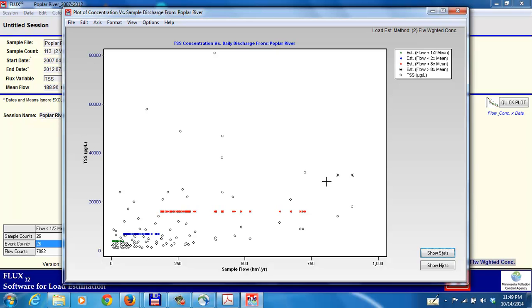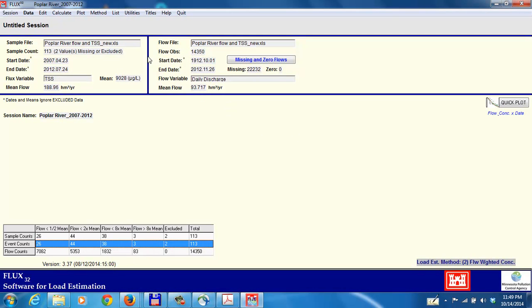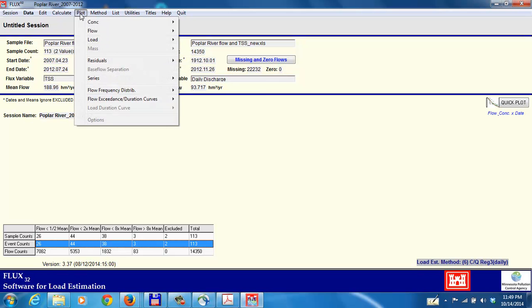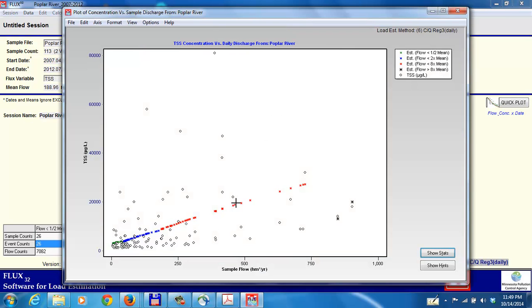Each of these is the flow weighted mean concentration over the flow range associated with a particular strata. And if we look at method 6, we have that relationship.